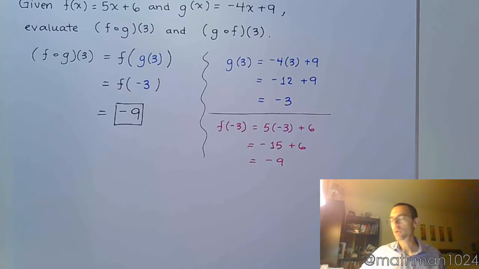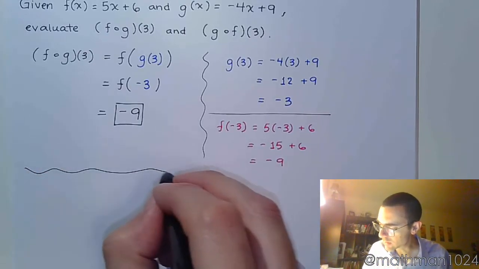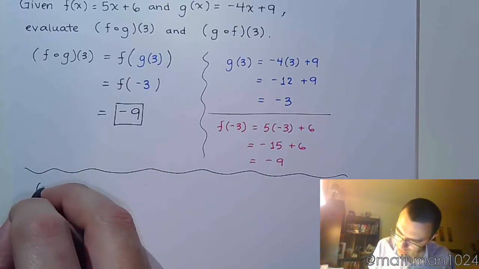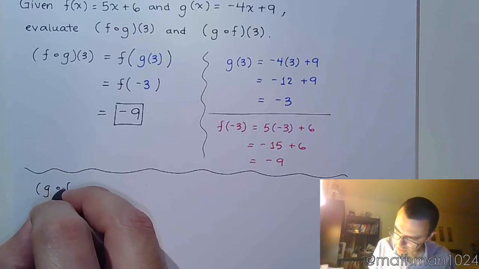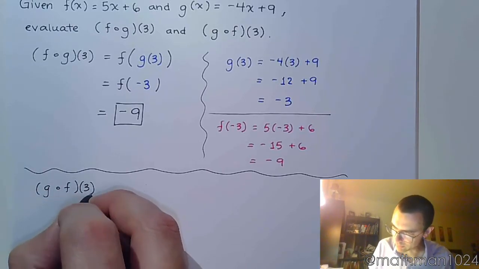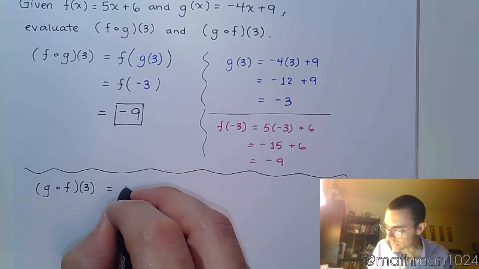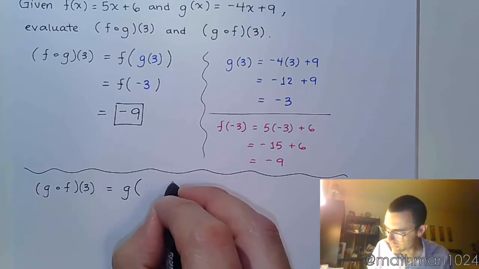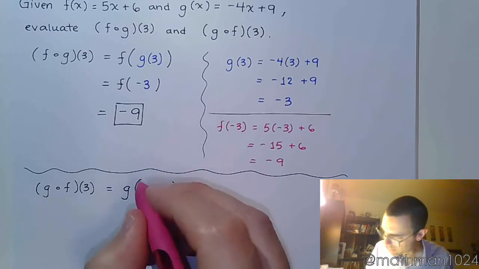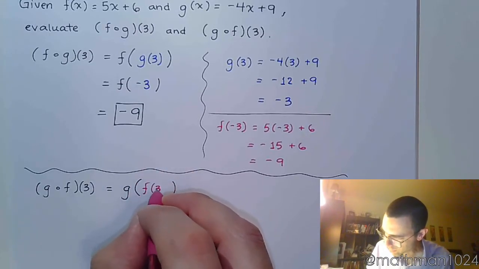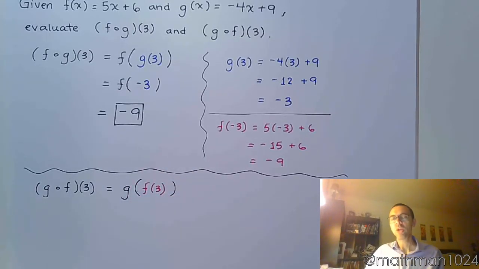Now let's swap this order around and see if it does make a difference. Let's do g of f of 3. In this case, that means we're doing g of, you guessed it, f of 3. So 3 is going to go into f first, and then the output of f is what you're going to plug into g.